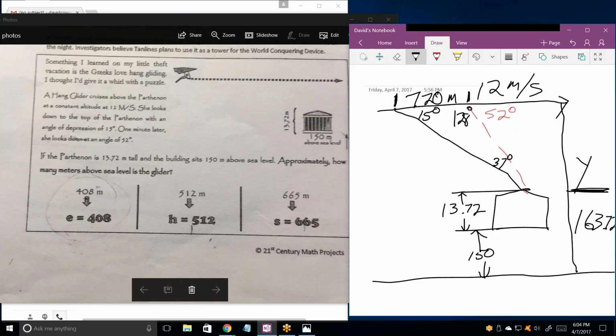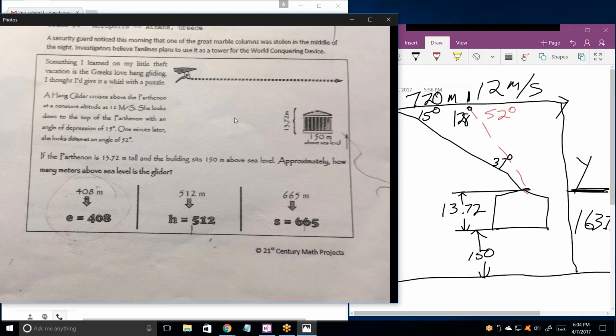Now, let's see what they say at the bottom. E is equal to 408 meters. E being what? Certainly not eccentricity. This problem is in a packet of a bunch of other problems.